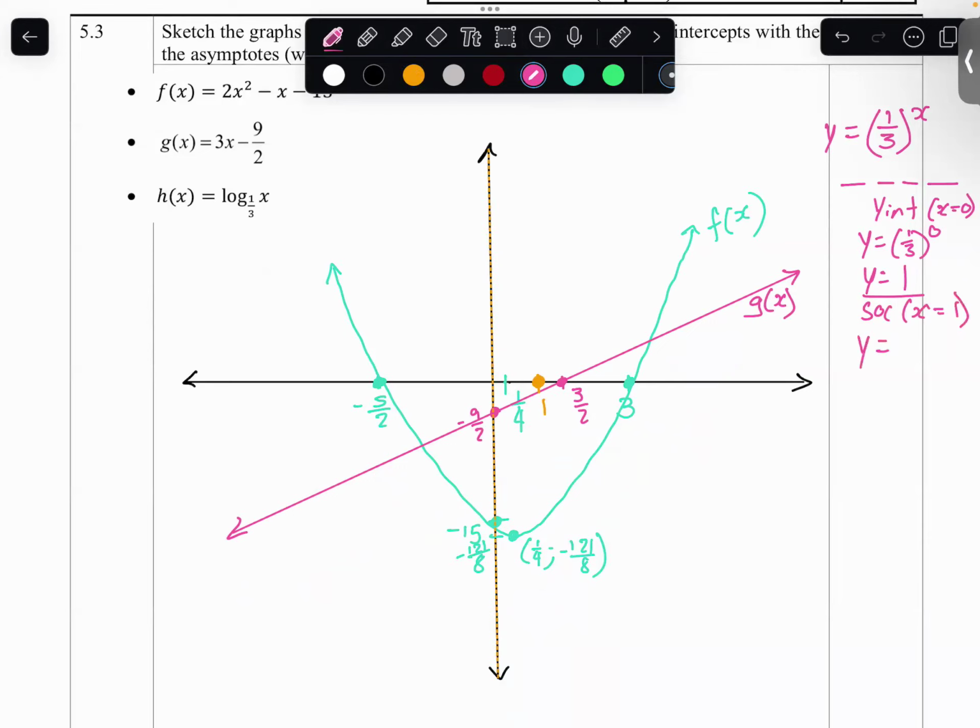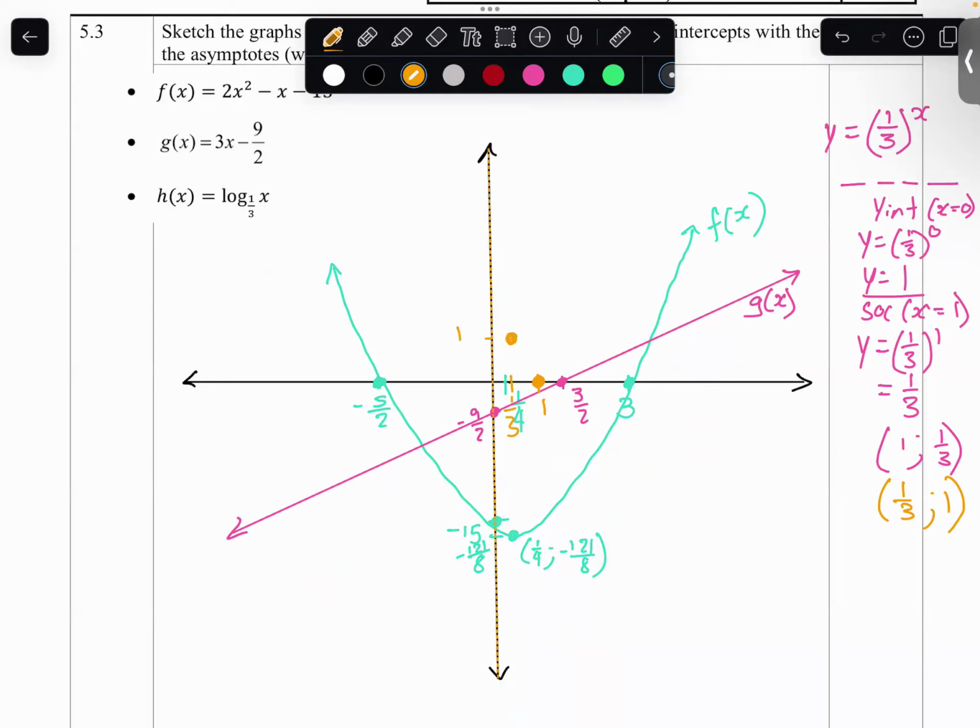Then you find a set of coordinates by making x equal to 1 for the normal graph. So you have y is equal to 1/3 to the 1, which gives me 1/3, which means my set of coordinates is 1 and 1/3 for the normal exponential graph, which means that the log graph's set of coordinates is going to be 1/3 and 1. So we're going to go 1/3 and 1 is here.